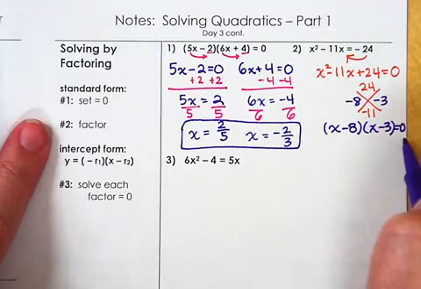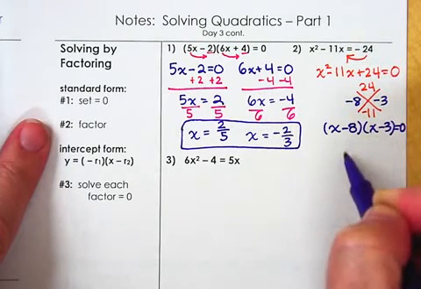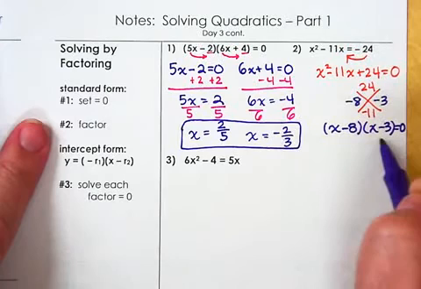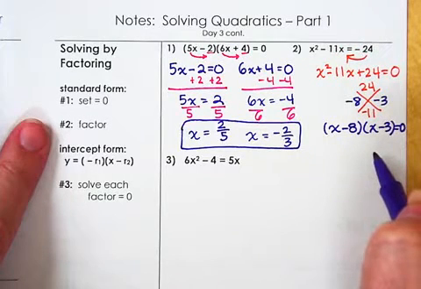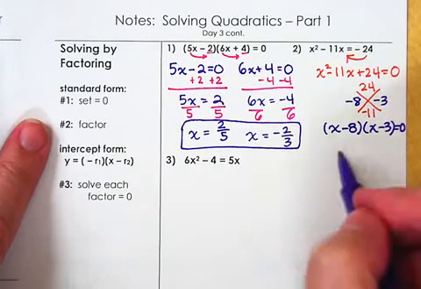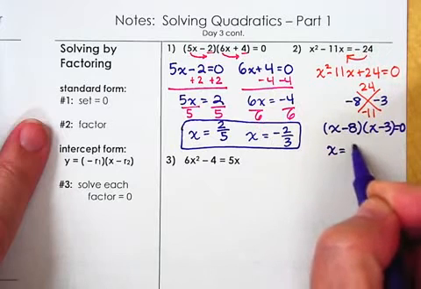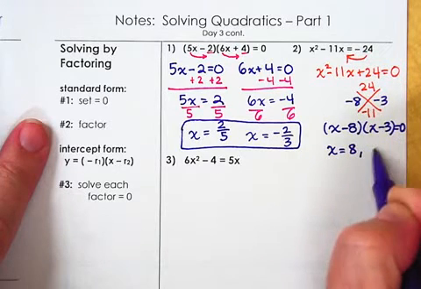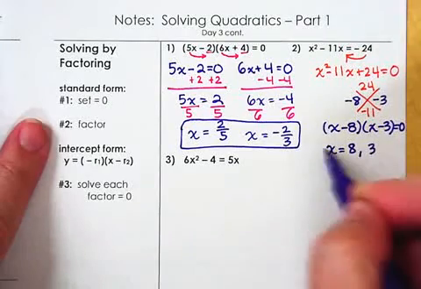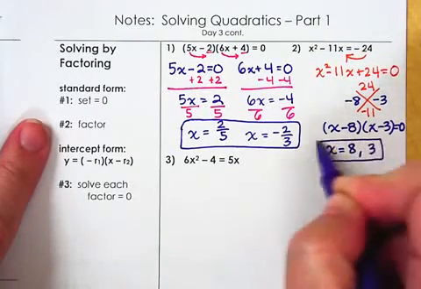That's important to put on there. At this point, you can set them as equations, or we just know that if we're finding the roots, then we're also finding the solutions. So x is going to equal positive 8, and x is going to equal positive 3. And there are the solutions.